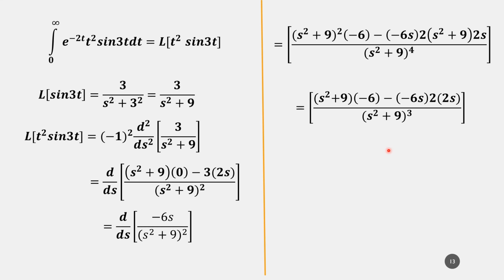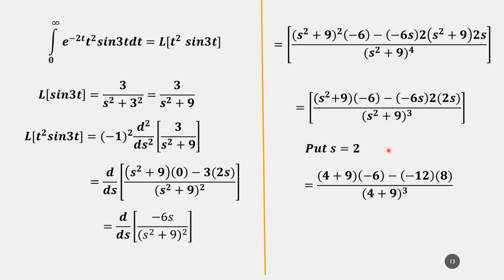Now put s is equal to 2. Wherever s was there, replace it by 2. So we will get 4 plus 9 into minus 6, etc. Simplifying, we get 18 by 2197. So the value of the integral that was asked to be evaluated is 18 by 2197.